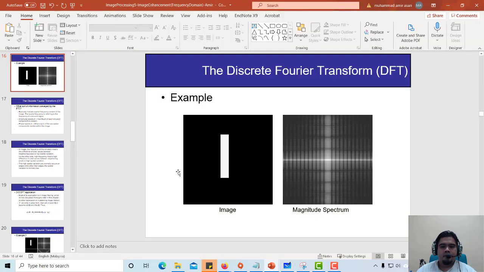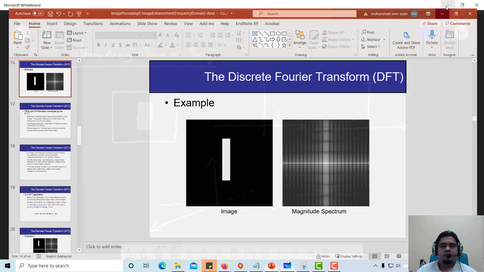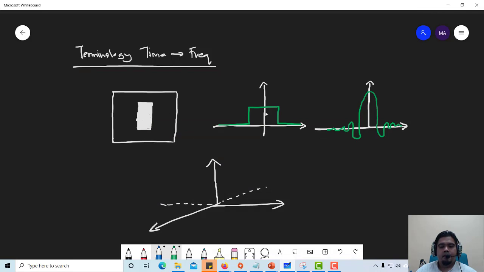If you have an image like this and you plot the one-dimensional signal that cuts across the center section, the one-dimensional version looks like this, which is your square or rectangle function. If you convert it into the frequency domain using the Fourier transform, you will produce this kind of wave, which is called the sinc function. This one is standard.